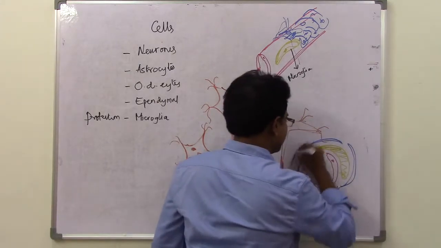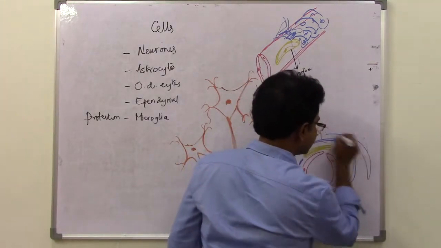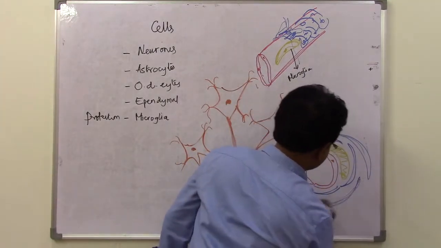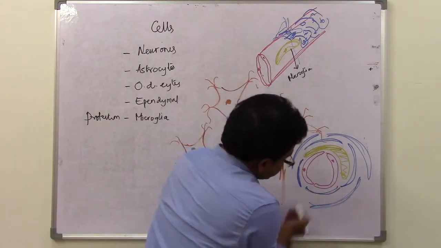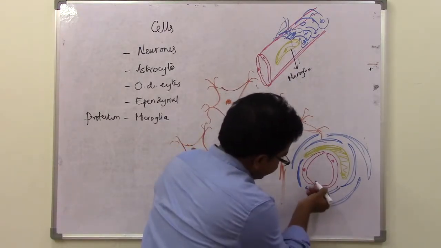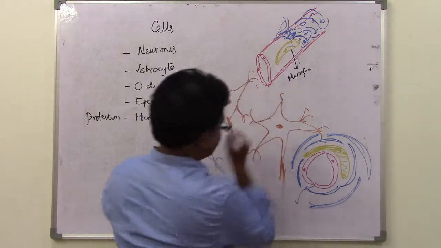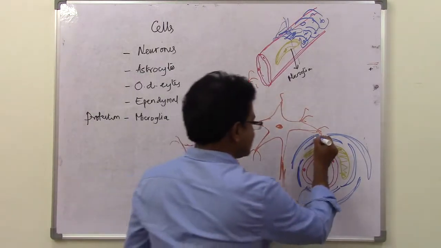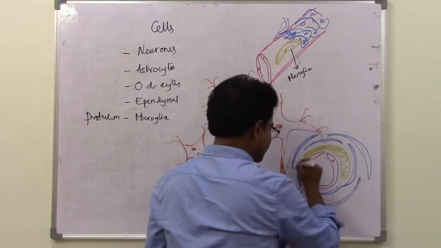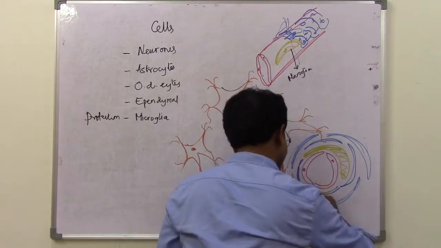Together they form a barrier, so that the constituents are not coming freely into the neuronal tissue. These are foot processes, covering the blood vessel completely.